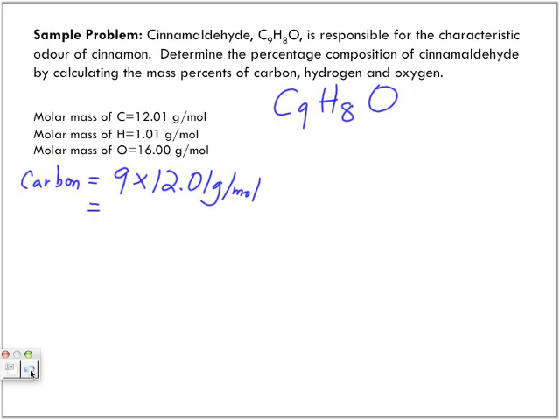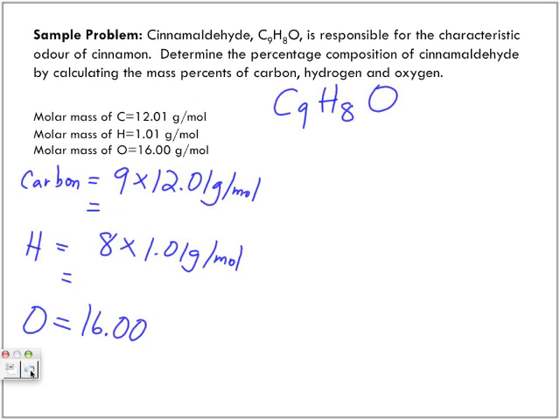Then we're going to do the same thing for hydrogen. How many hydrogens do we have? 8 times 1.01 grams per mole. And then we're going to find oxygen. We have 1 oxygen, so that 1 oxygen is represented by 16.00 grams per mole.